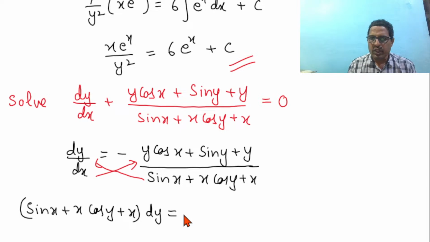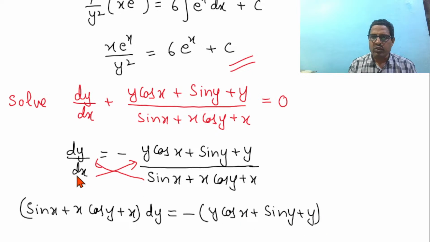It is equal to, on the right hand side with the negative sign, minus of the entire numerator (y cos of x plus sin of y plus y) times dx.